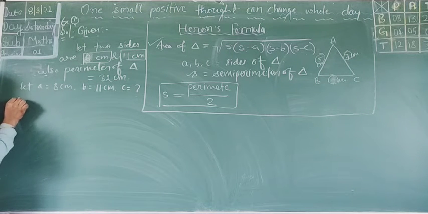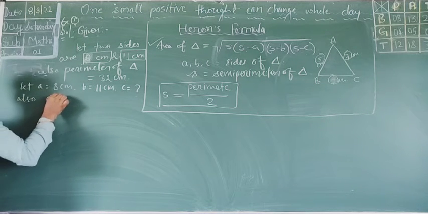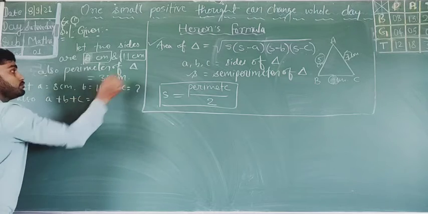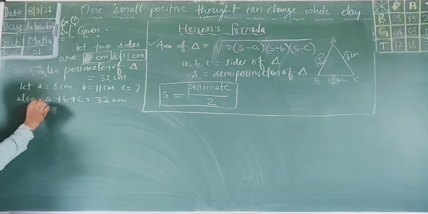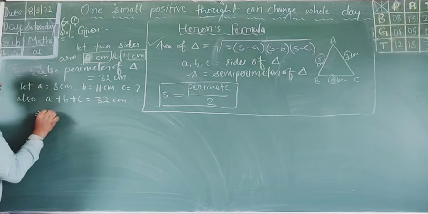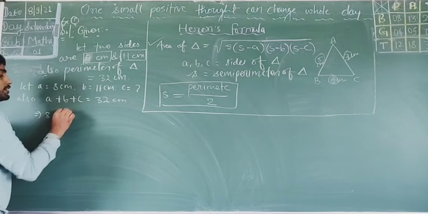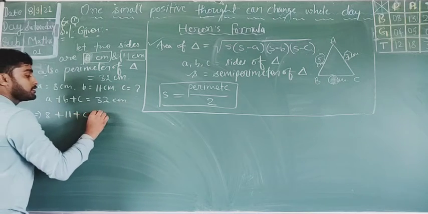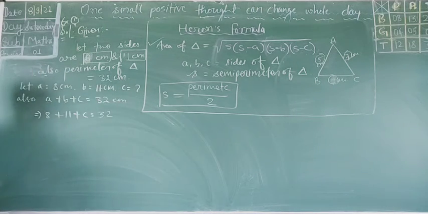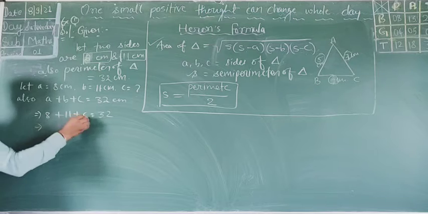So A plus B plus C equals 32 centimeter. Put the value of A equal to 8 and B equal to 11, and C is not given here, so I am writing C as it is. Now there is 32, so 8 plus 11 plus C equals 32. Is it clear? Now find the value of C from there.